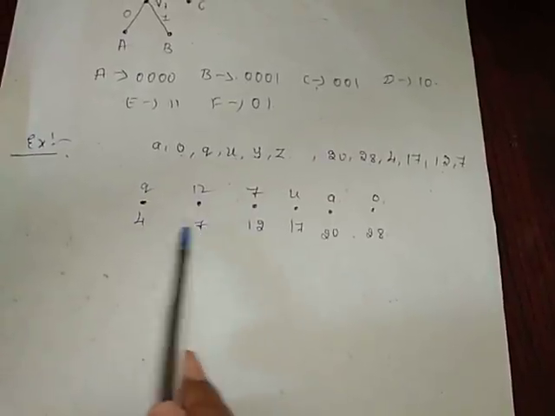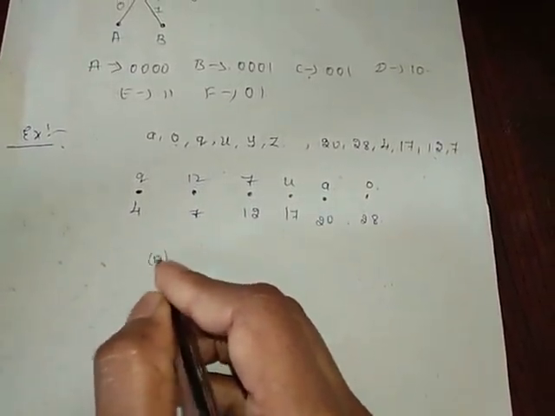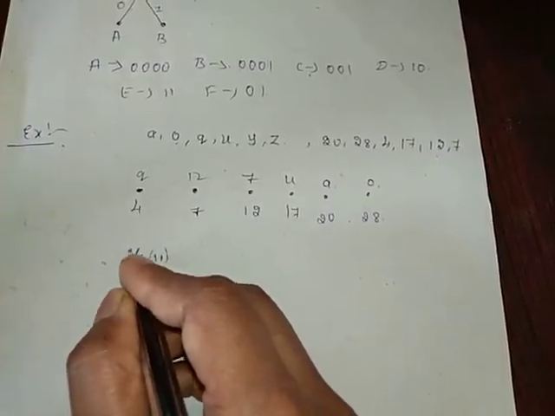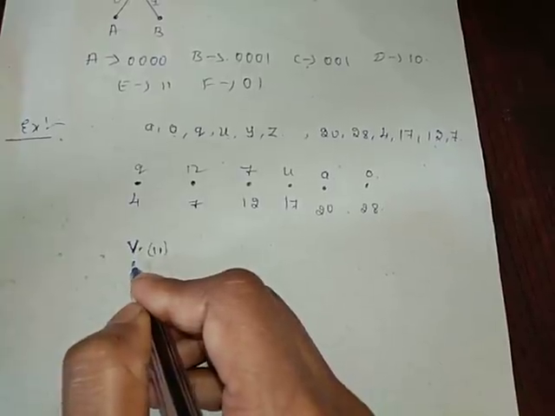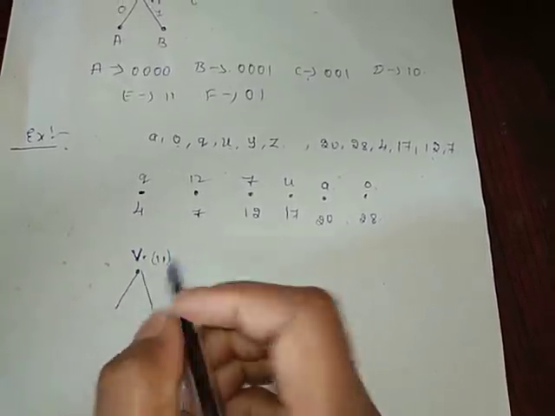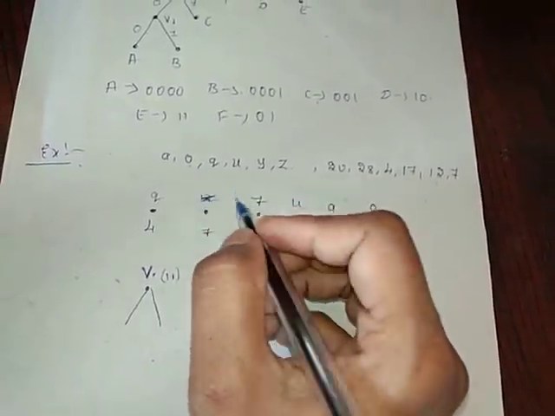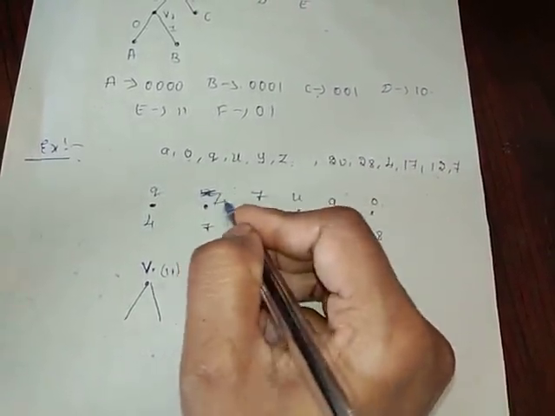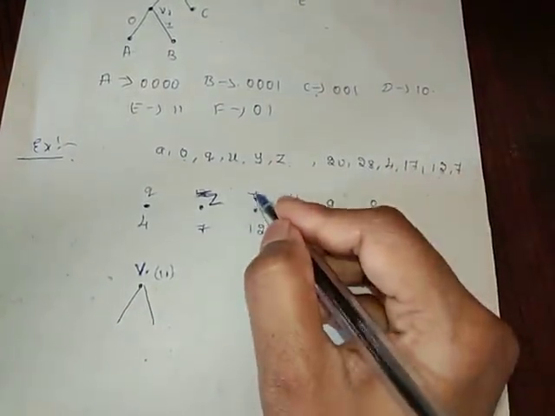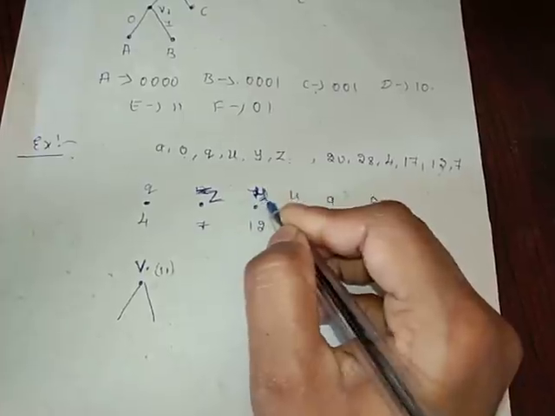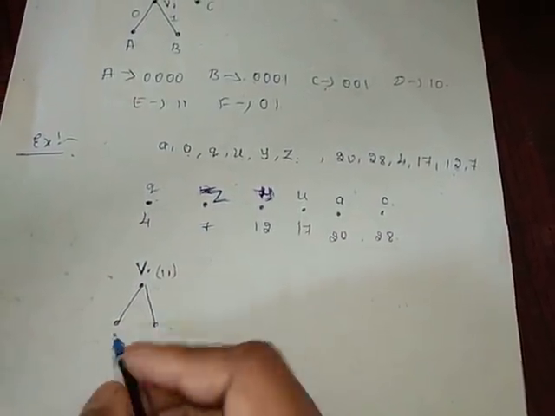Here the minimum weights are 4 and 7. 4 plus 7 equals 11. Assign this weight to the new vertex V1 and construct a tree by making V1 the root, with Q and Z as its children.